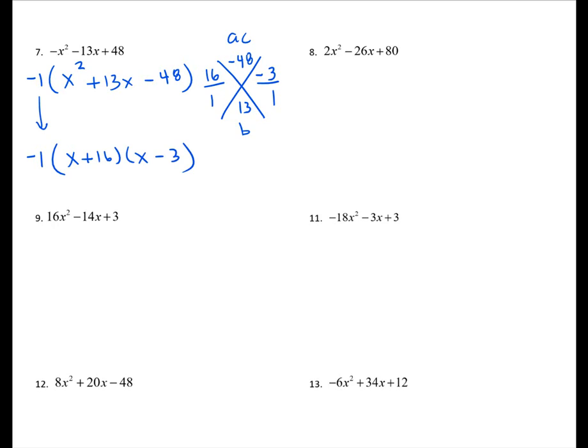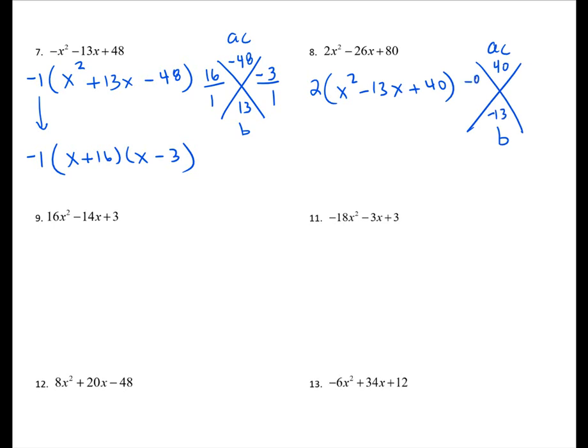Okay. Number 8 here. All right. What's my GCF? It looks like I can take out a 2. Okay. So if I take out a 2, I'm going to end up with x squared minus 13x plus 40. Then if I make my x, a times c is going to be +40, and b is -13. So what's going to be my two numbers?